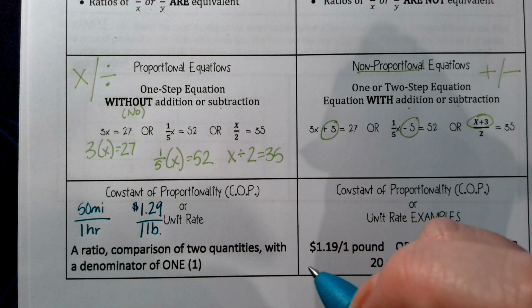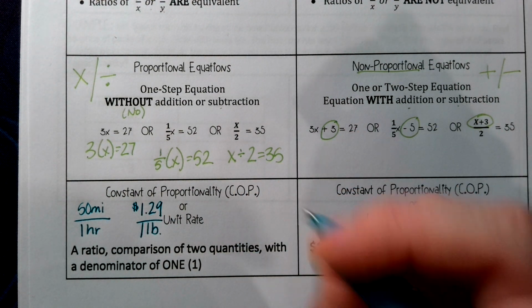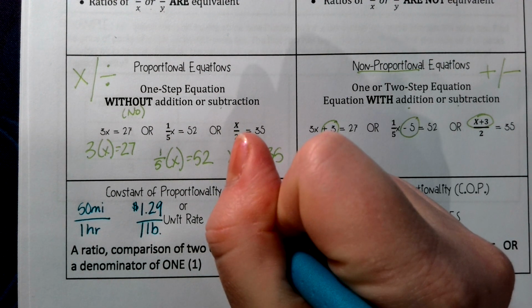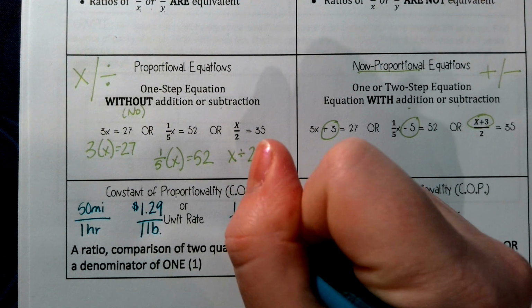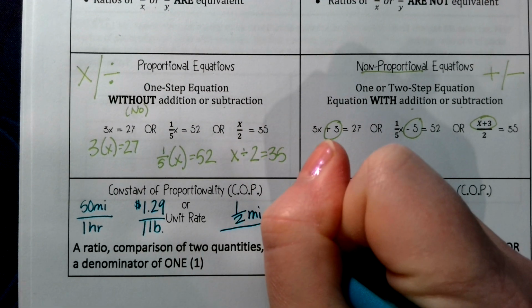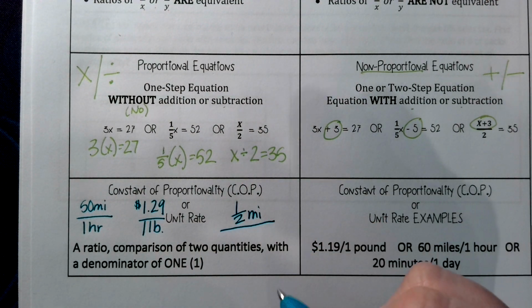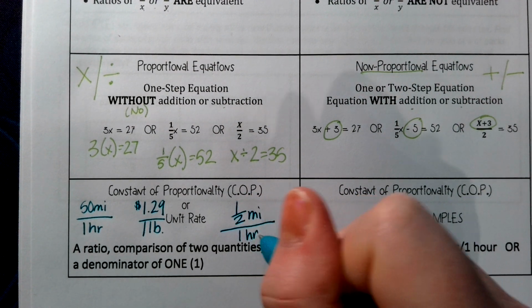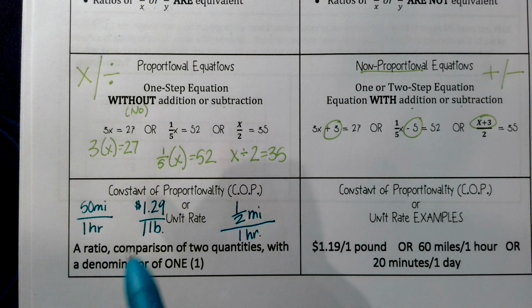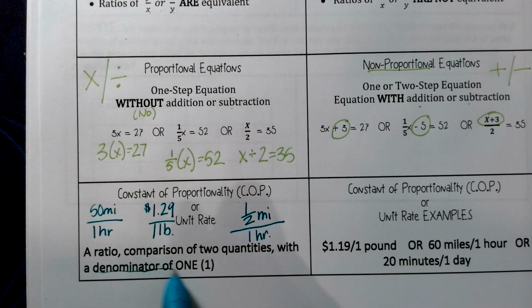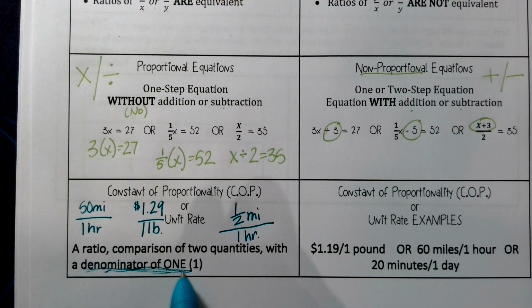If I am running a race, I run one half of a mile in 1 hour. That's really slow, but that's okay. You can have fractions in here just as long as that denominator is 1. That's the most important part, that your denominator is 1.